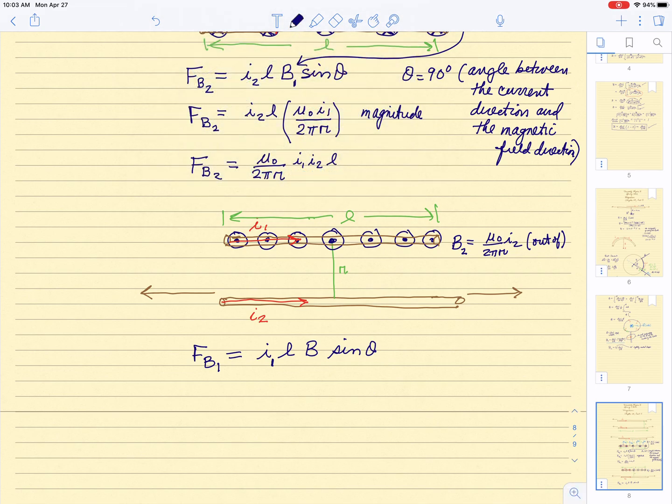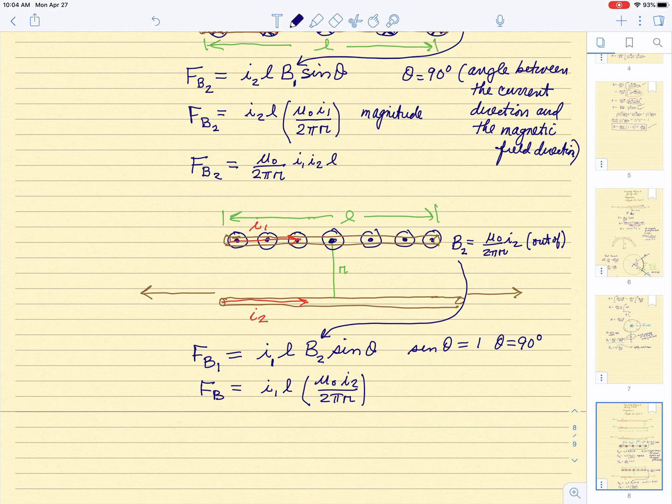B now is going to be the magnetic field that was generated by wire 2, so that's B2. And so we now have FB is going to be I1 times L times B2, which is mu 0 I2 over 2 pi r. Sine of theta is equal to 1 for reasons that we discussed above. That is, theta is equal to 90 degrees. The direction of the current is perpendicular to the direction of the magnetic field.